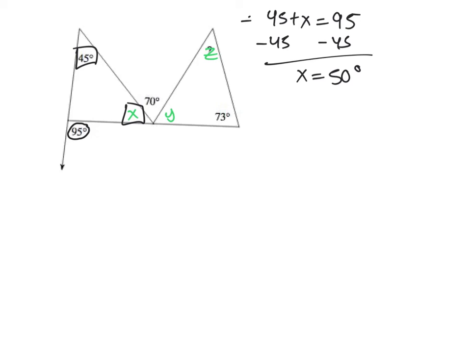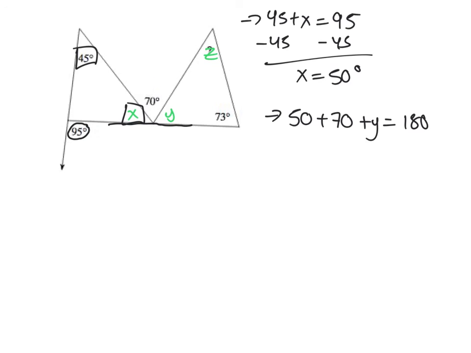Now, to solve for y, if x is 50, remember that this is a straight line. So x plus 70 plus y is equal to 180. If x is 50, we're given 70, and we want to find y, and the sum of these three angles is 180 degrees.